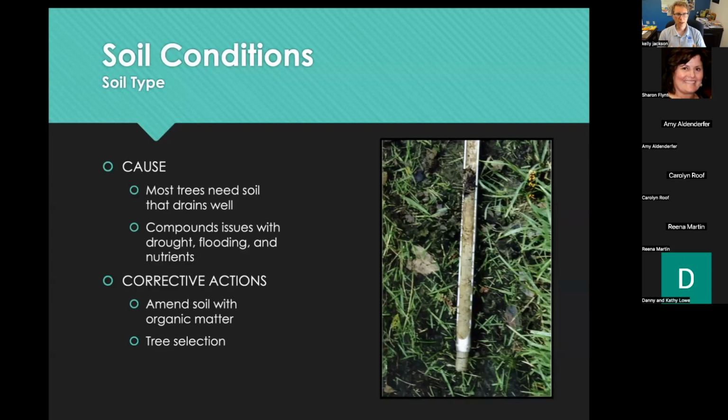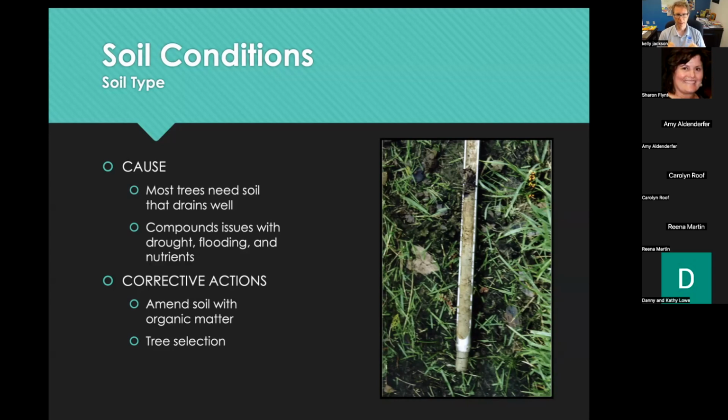We're moving to a different type of condition that can cause these abiotic problems, and this is all related to soils. For us, soil type is a big deal, because we have a lot of soils in Kentucky that are clay, in some cases very heavy clay. That doesn't mean they're poor soils, because they can have a lot of nutrients. That's really good, but sometimes it doesn't allow the soil to drain very well.